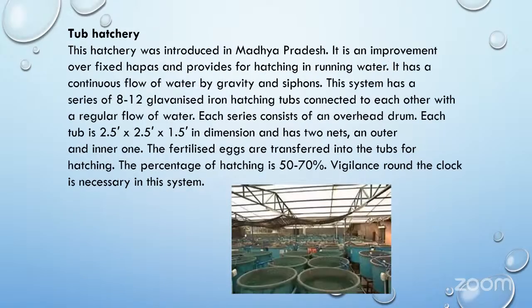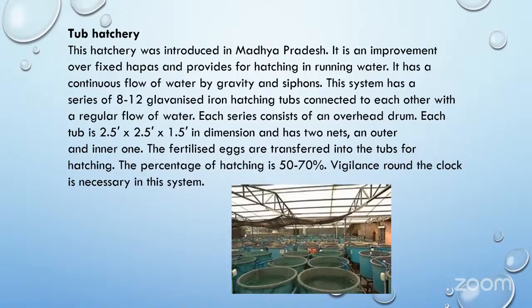Next, coming to tub hatchery. This hatchery was introduced in Madhya Pradesh. It is an improvement over fixed harpas and provides for hatching in running water. It has a continuous flow of water by gravity and siphons. This system has a series of 8 to 12 galvanized iron hatching tubs connected to each other with a regular flow of water.